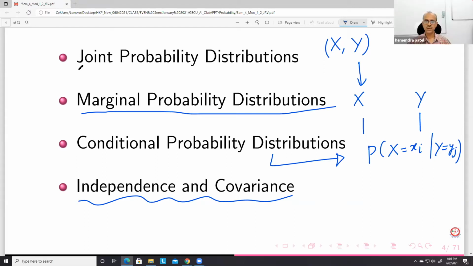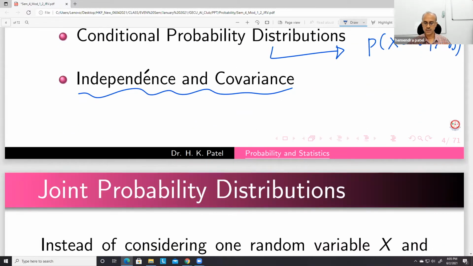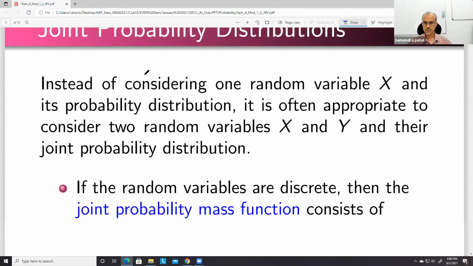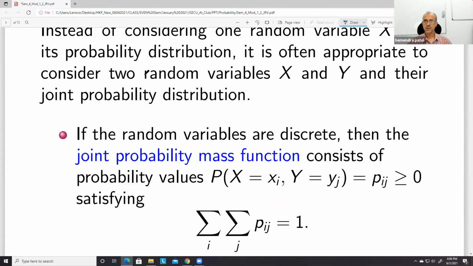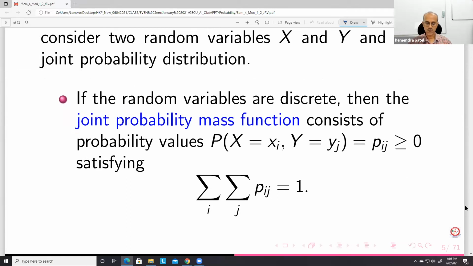Let us see first the joint probability distribution, and all these things we will do for both discrete and continuous random variables. We have one example for discrete and one example for continuous in each section. So, joint probability distribution. These are the two conditions, as I said earlier.